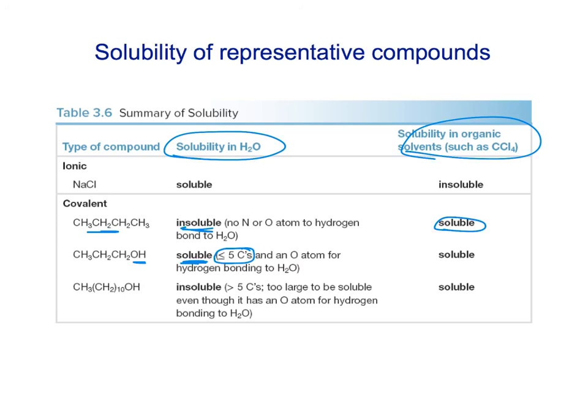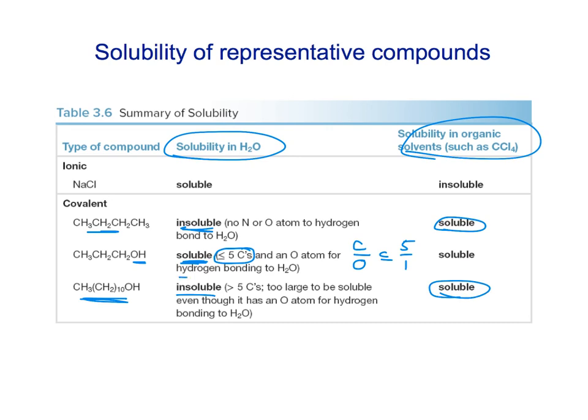Here they're saying less than or equal to 5 carbons per every oxygen. So we're going to look at the ratio of carbons to oxygens, and if that's less than or equal to 5 to 1, then it will remain soluble in water. If we get more than 5 to 1, more carbons than that, like this one down here, then it becomes insoluble in water and is still soluble in organic.